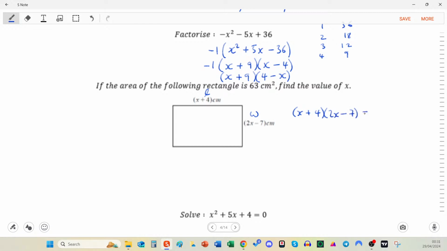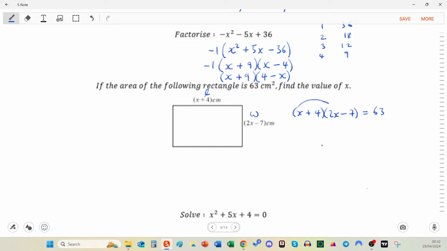And when multiplied together, it gives us 63. So we have an equation here, because we have an equal sign. That is what allows us to solve it, when it says the area is something. To solve it is difficult. We've got two x's.